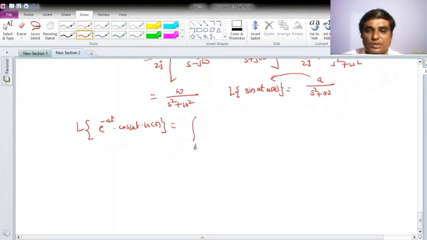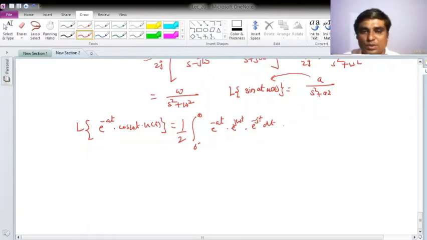So let us use the same, 0 negative to infinity e raised to minus at into cos omega t, which is e raised to j omega t plus e raised to minus j omega t, into e raised to minus st dt, and the factor is 1 over 2, plus 0 negative to infinity e raised to minus at into e raised to minus j omega t into e raised to minus st dt.